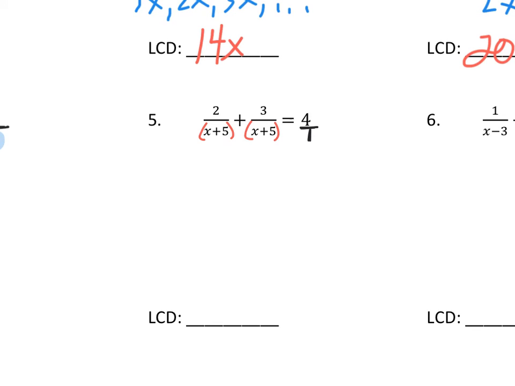So there are two denominators that are already the same, the x plus 5. So that itself is going to be the lowest common denominator, the x plus 5, which is already common for two of them. The 1 is a freebie. Technically, what this would be is 1 times x plus 5 with the 1 there, but you don't have to multiply by 1 technically. So x plus 5.